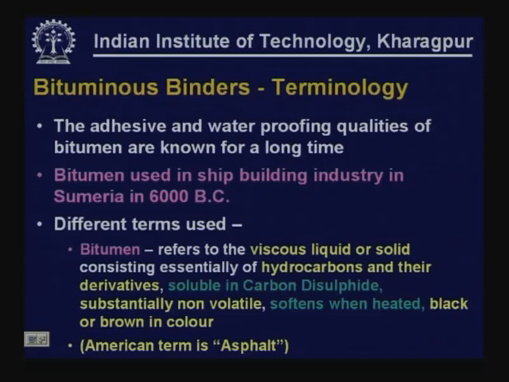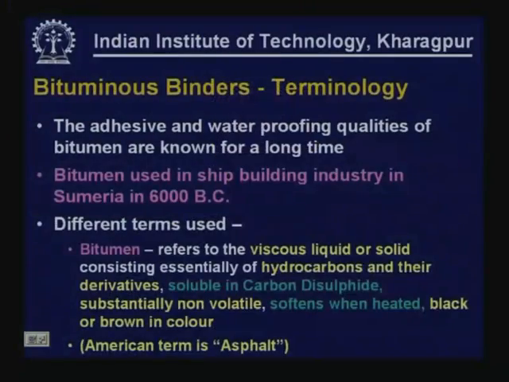This is a material which softens when heated and it is black or brown in color. This is the general description of bitumen. The term that is used in American literature for describing this material is asphalt, whereas asphalt has a different meaning in British literature.